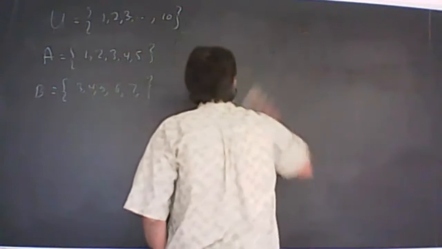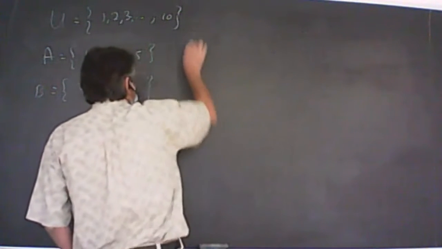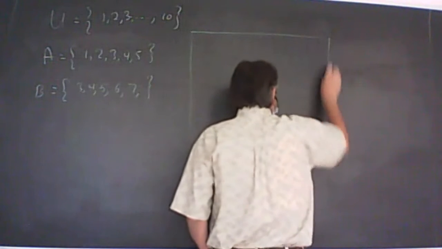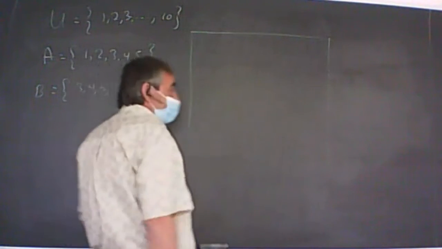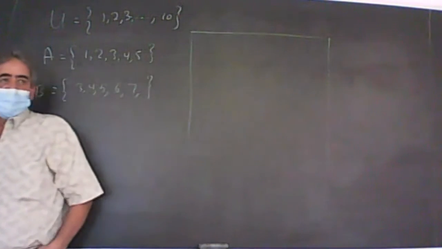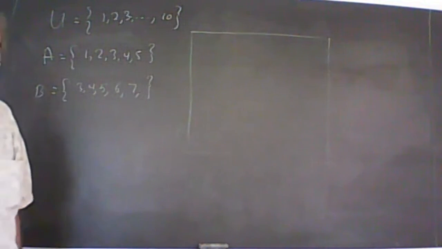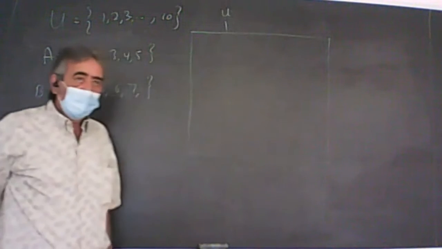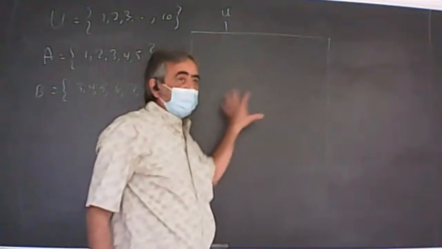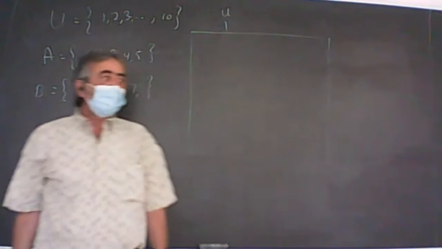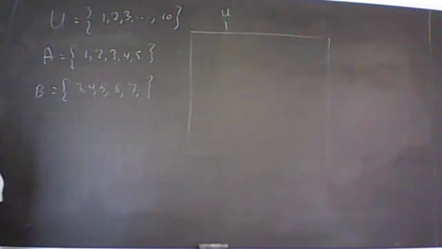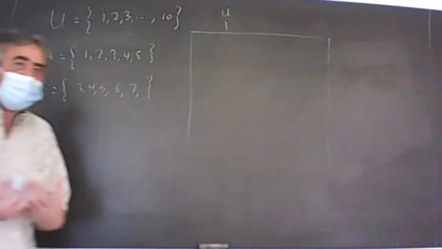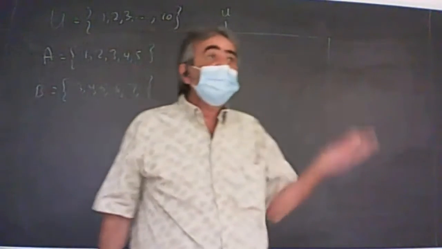So let's go ahead and use that, whether you want to do a square or a circle. I like to have my big thing as a square, everything inside it as circles. Yeah. So since U contains all of A and B, I'm going to put A and B inside U. Yes? Now remember, when you do a Venn diagram, you do not repeat the numbers. Inside a set, you always have the number written one time.